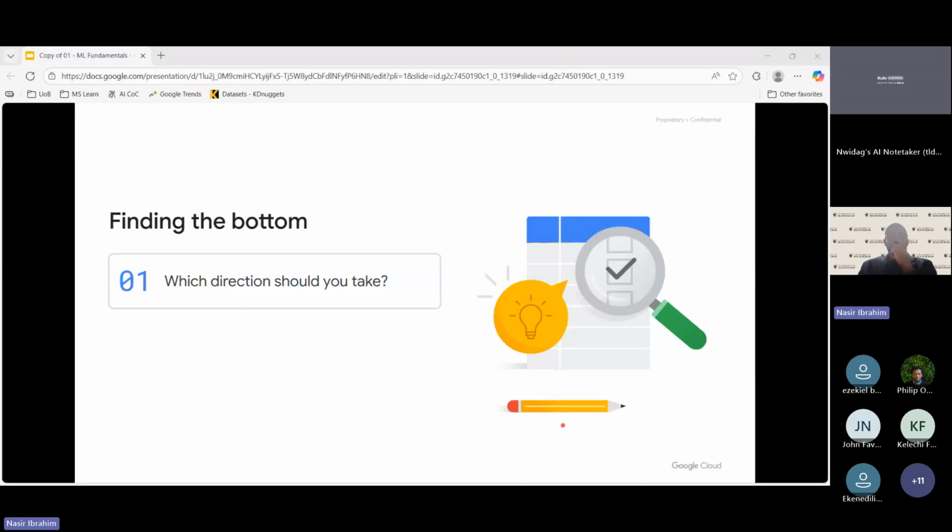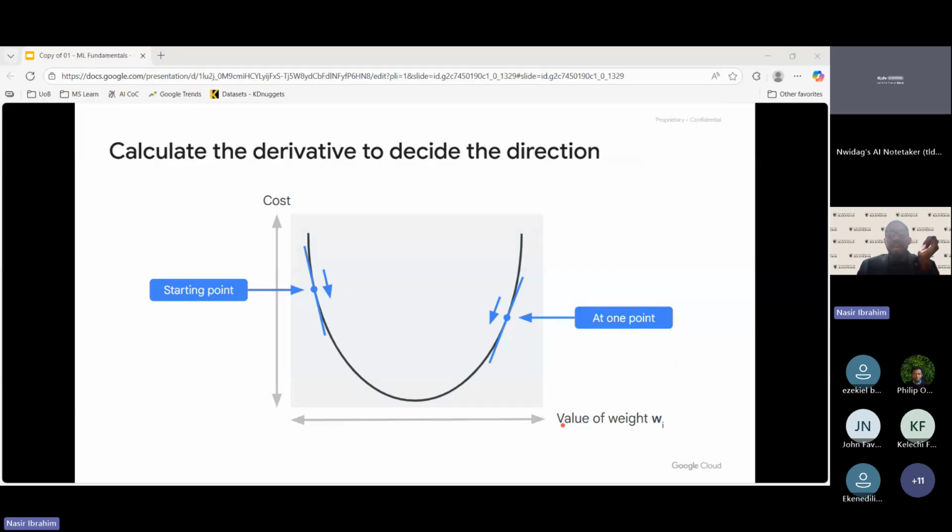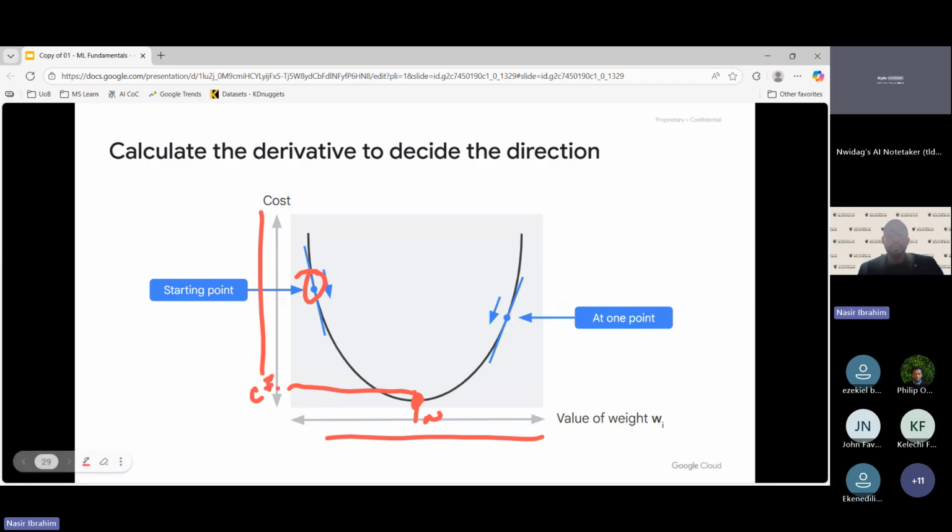So which direction should you take? That is determined by the derivative, but I'm not going to go deep into that. Let's say you start at some point here. The objective is, you have different weight values and different cost functions, and you want to settle somewhere here. You want to determine the weight that gives you the lowest cost value.